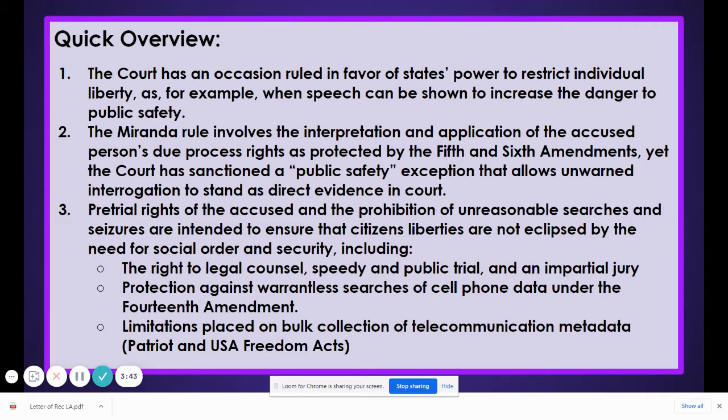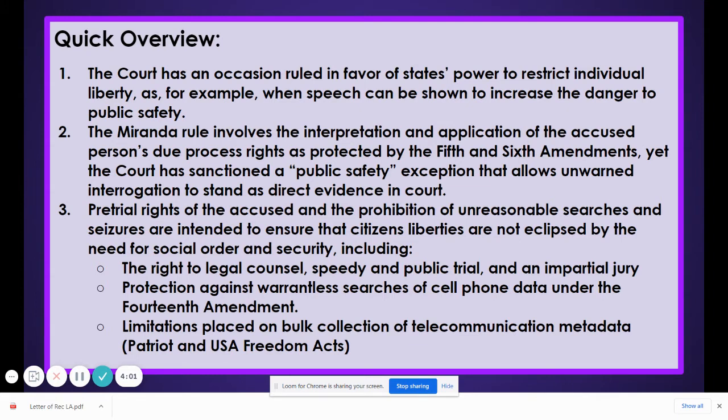More recent laws have given people protection against warrantless searches of cell phone data. We talked a little bit about cell phones and how they've created newer age problems because of the technology incorporated in them.